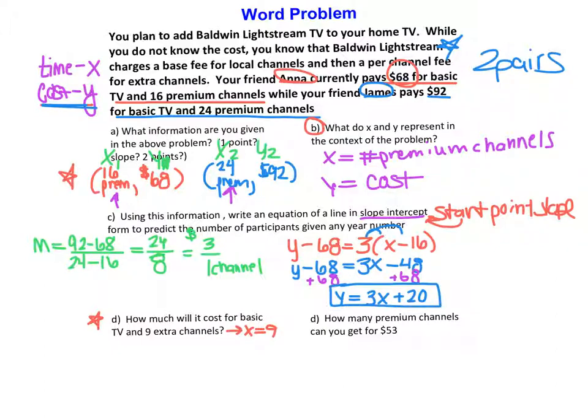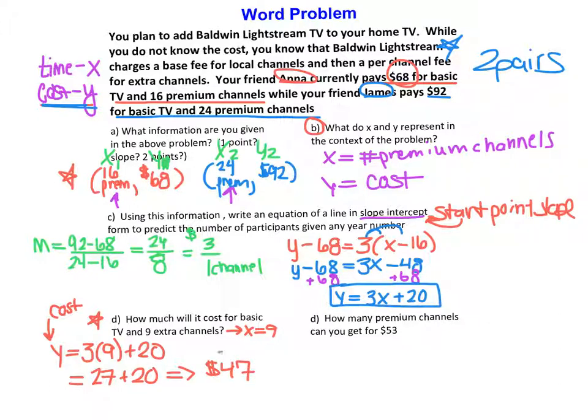So I'm going to utilize my equation and say I need my cost, which remember I'm looking for my cost, which is y, is equal to 3 times my number of channels, which is x, plus 20. So here I would get 3 times 9 is 27, plus 20. So what that is telling me is it would cost $47 for 9 channels that are extra.